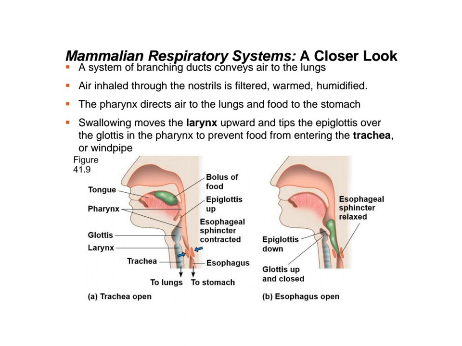It moves upward, and the epiglottis tips over from an upward position to down, and it interacts with the glottis, which is up. This prevents food from going down the trachea or windpipe, and it goes down the esophagus instead.